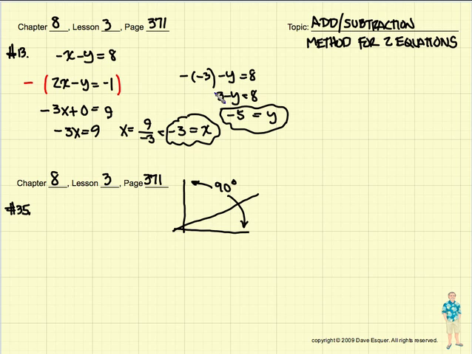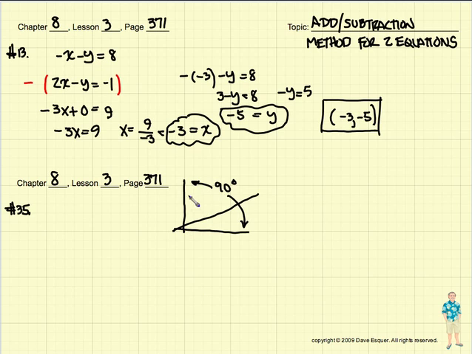If I went a little bit fast, this becomes positive 3. 3 minus y is equal to 8. If I subtract 3 from both sides, minus y is equal to 5, or y turns out to be negative 5. So the ordered pair that's going to work for this solution using the add or subtraction is minus 3, minus 5. And that turns out to be our solution for problem number 13.